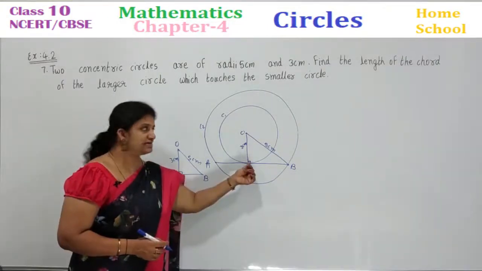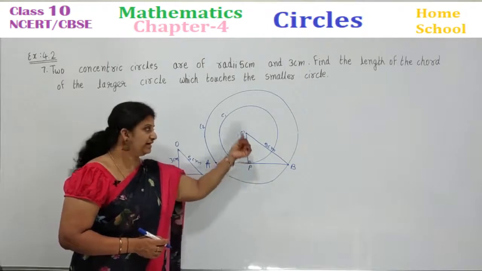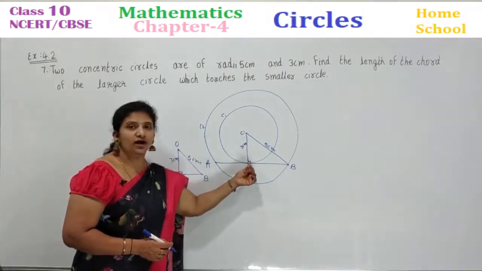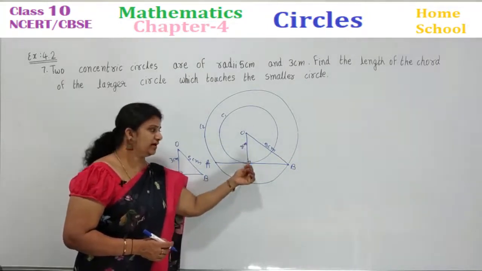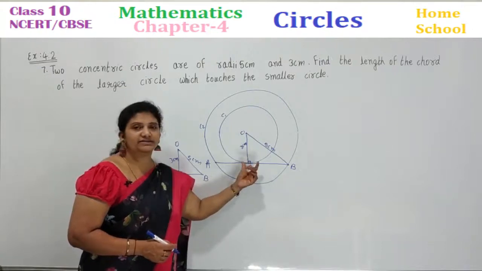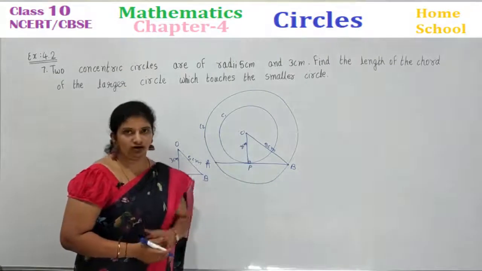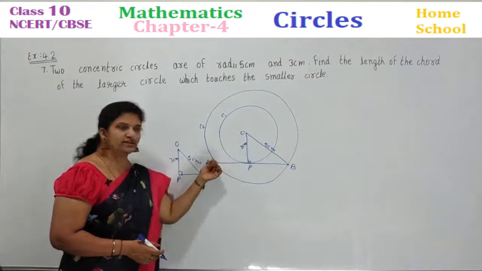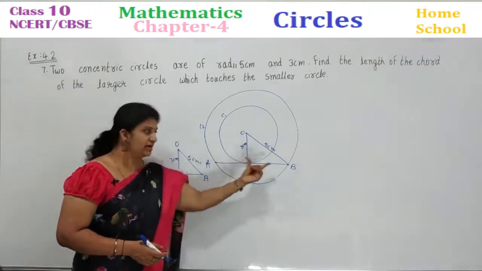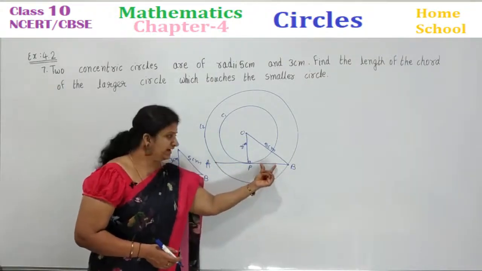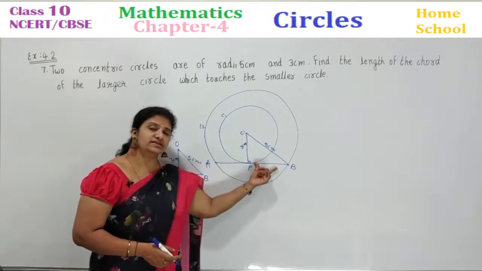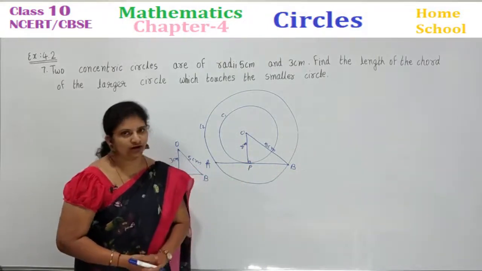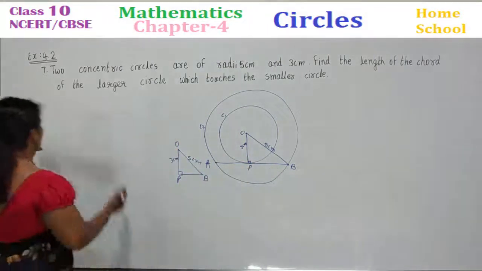This chord is touching the circle and it is perpendicular. So what I can say, if it is perpendicular, then it is divided exactly at the center of the chord. So if you join this side, this distance is the same as this distance. If you find this and double the distance, you are going to get the length of the chord. Let's start our solution here.